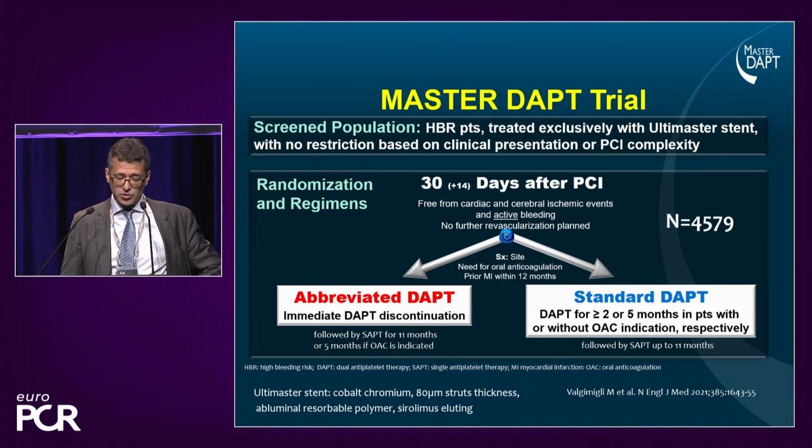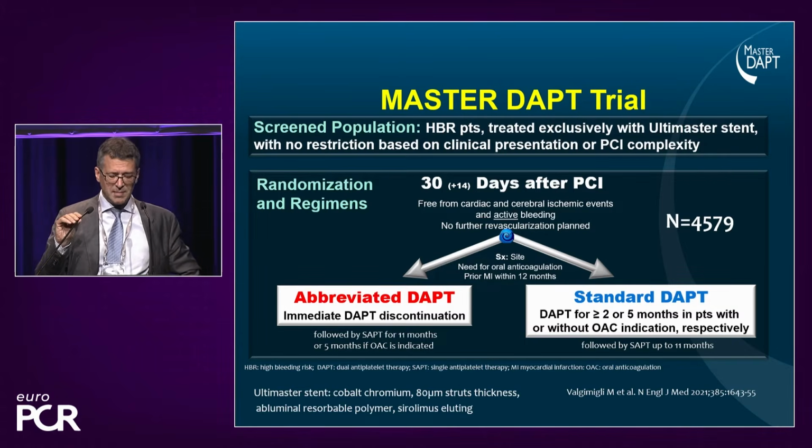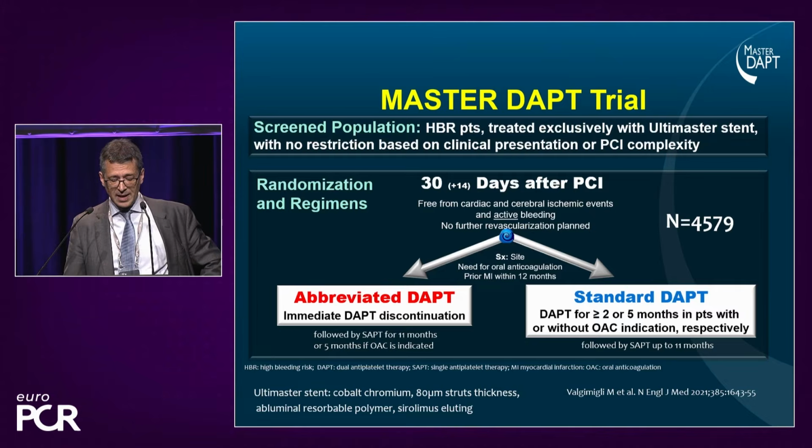So you see also the difficulty of the study is because we had to randomize patients at 30 days. It's always easier to randomize and include patients on the table or at the time of index PCI than at 30 days. So we had to see all the patients again and encourage them to participate in the study. So all patients were treated with the Ultimaster stent. All patients were on standard antithrombotic treatment with no ischemic and bleeding complication, and they were then randomized to 2 different antithrombotic regimens. So the abbreviated DAPT, meaning there was an immediate discontinuation of DAPT, or standard DAPT.